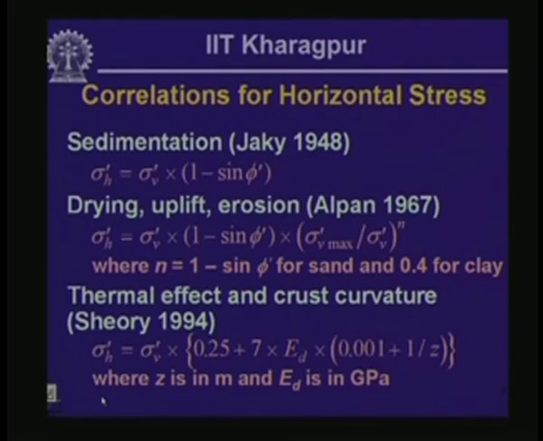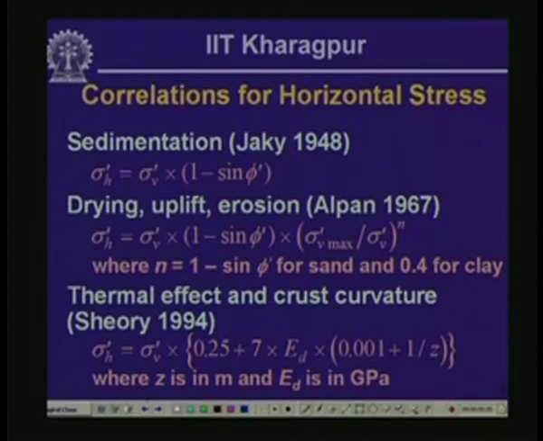Here z is going to be in meter, and ED, which is the average deformation modulus, Young's modulus in fact, is in gigapascal. Okay, so what he is considering? He is considering the curvature of the earth.